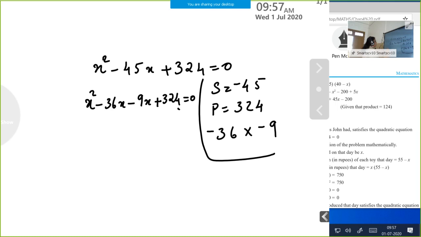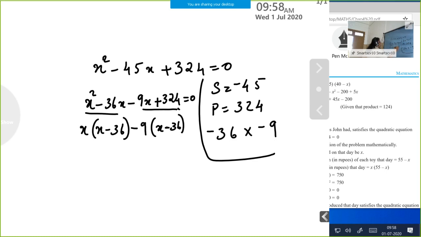Clear? Split the middle term, minus 45x as minus 36x minus 9x. Then grouping: x common, x minus 36, then minus 9 common, x minus 36 is equal to 0.